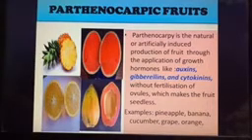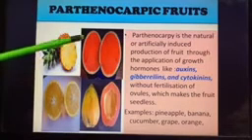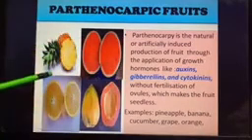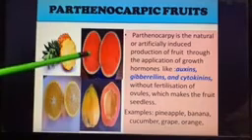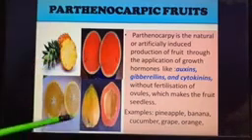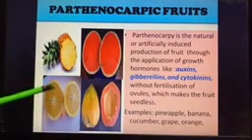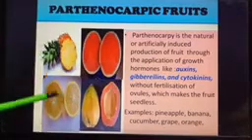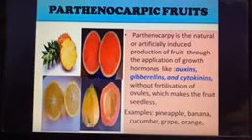Artificially you can use certain hormones which may induce parthenocarpy in a fruit and you can get seedless fruit, right? Examples shown in the picture are seedless watermelon, papaya, orange and pineapple. So these are the different parthenocarpic fruits, right?